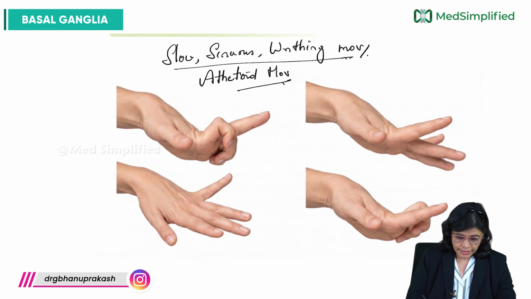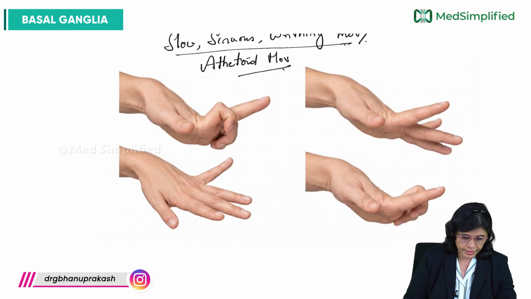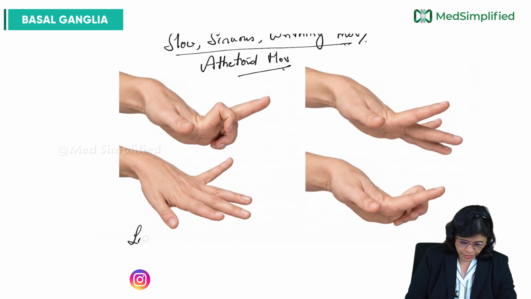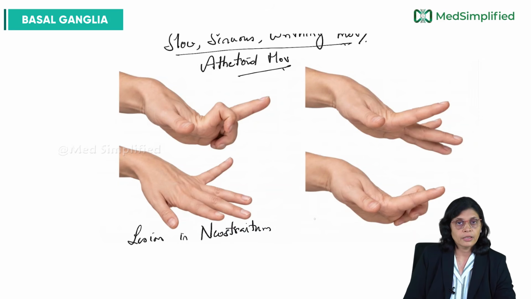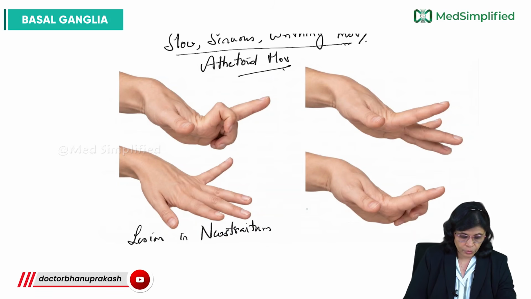This is due to lesion in the neostriatum. The neostriatum includes the putamen and the caudate nucleus, and the globus pallidus also, which belongs to the paleostriatum.